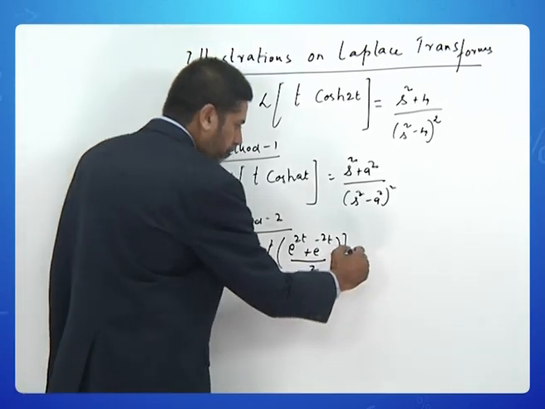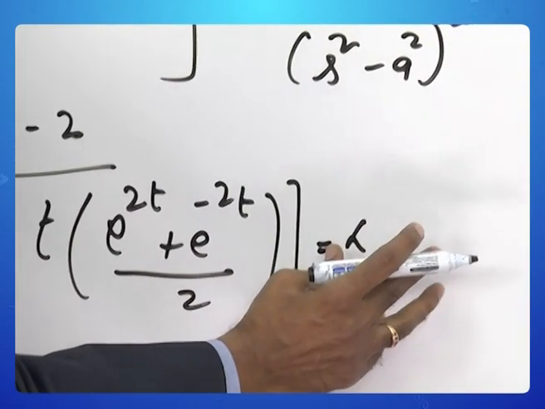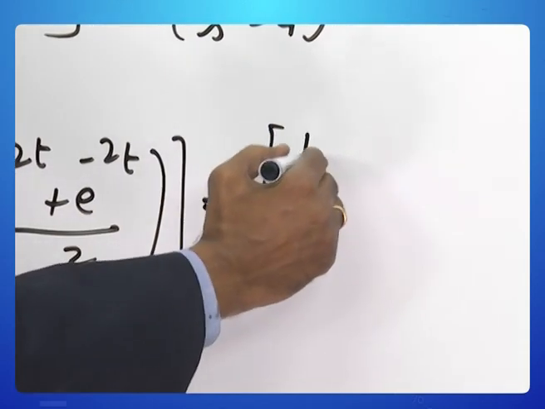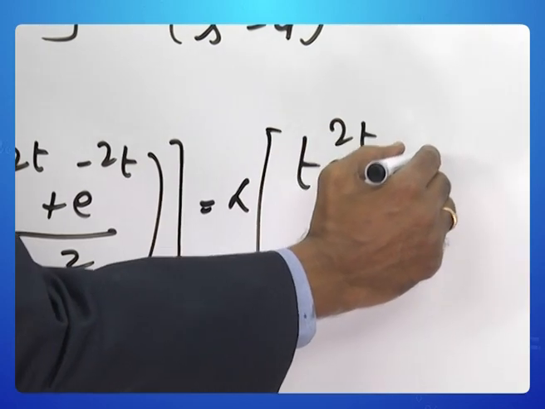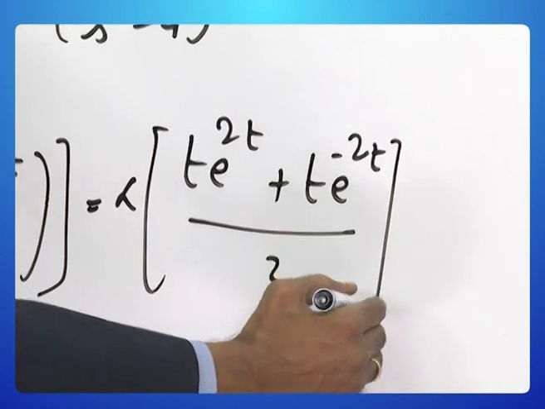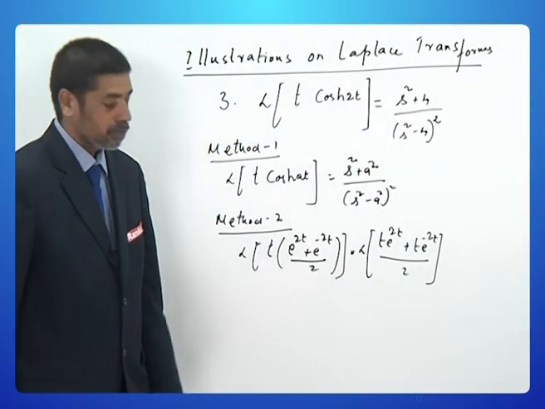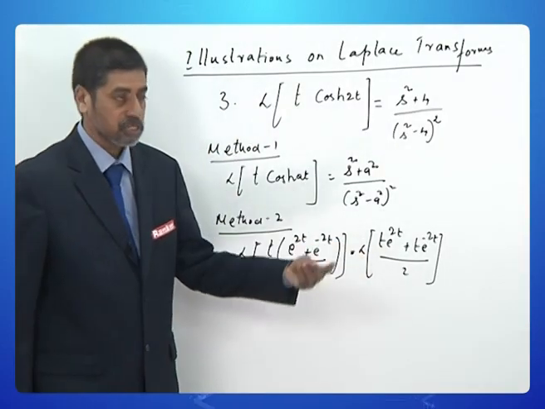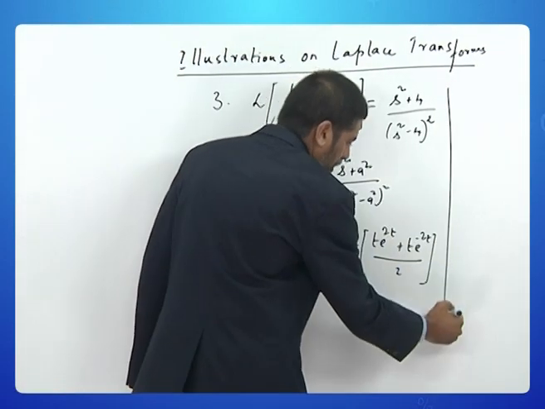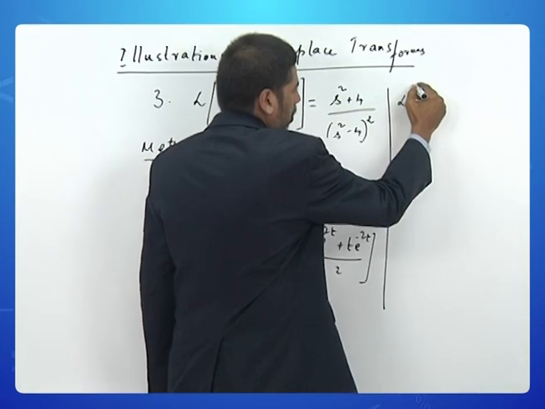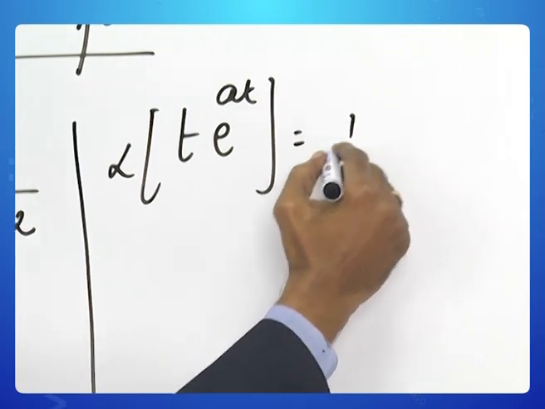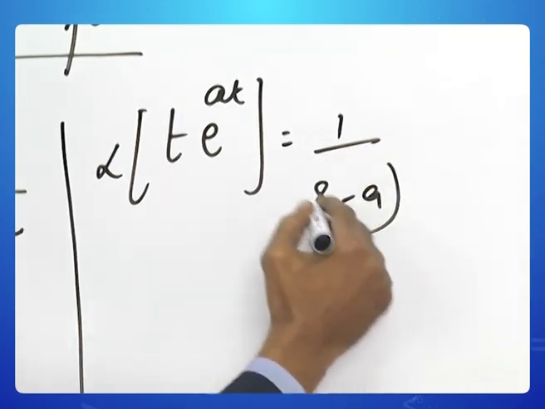Then you apply linearity: t e power 2t plus t e power minus 2t by 2. Now if you remember formulas, the Laplace transform of t e power at is 1 by s minus a whole squared.